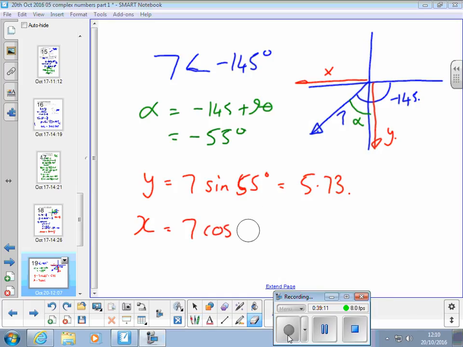Is it 50? That is 55, isn't it? So you reckon the answer is 5.73 take away 4.01j. Who agrees with that?